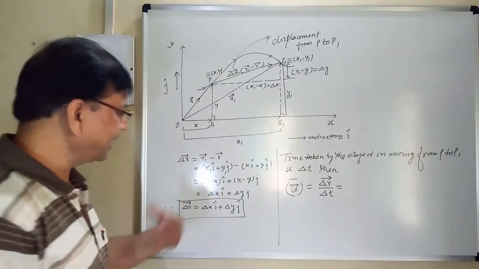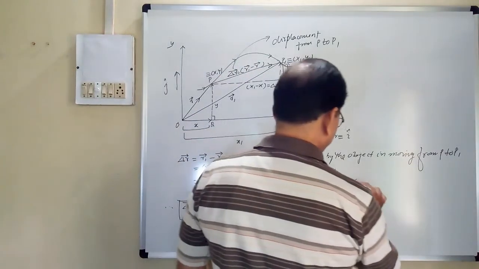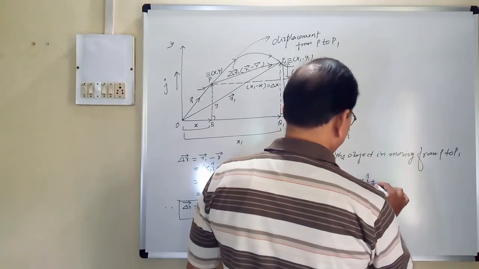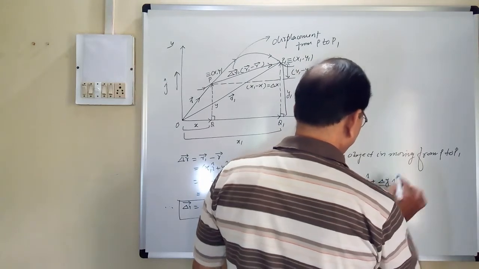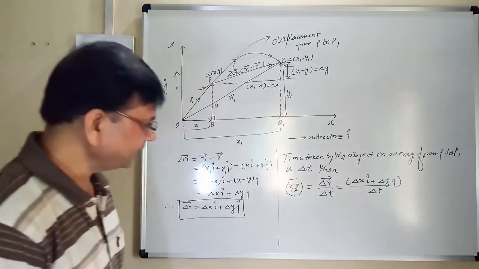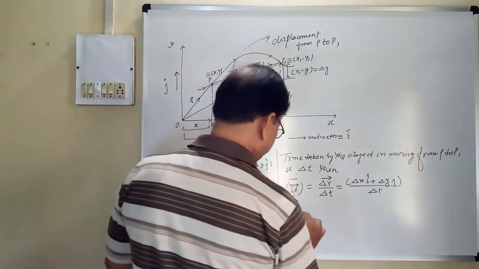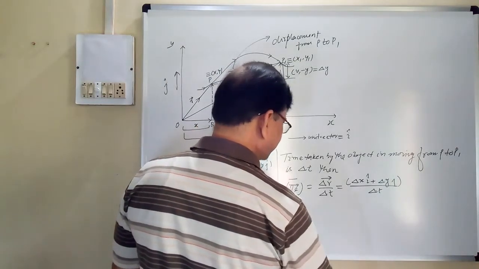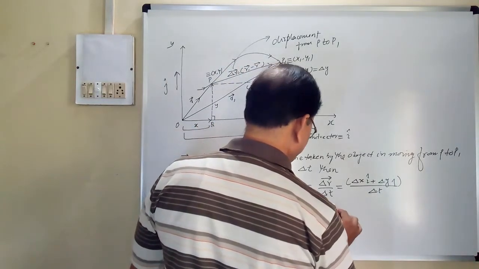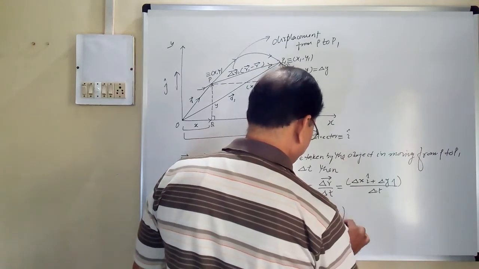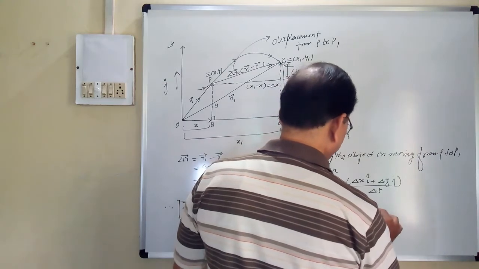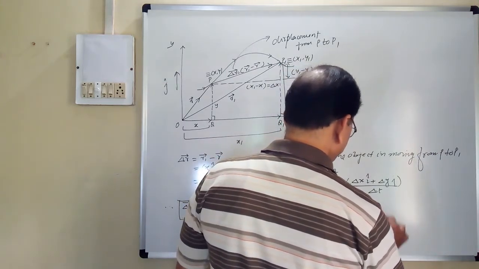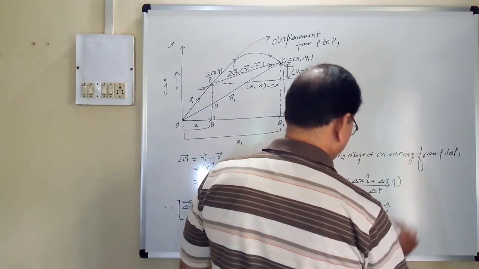And what is delta R? That is delta x i plus delta y j divided by delta t. So that is the average velocity, that is delta x upon delta t i plus delta y upon delta t j.